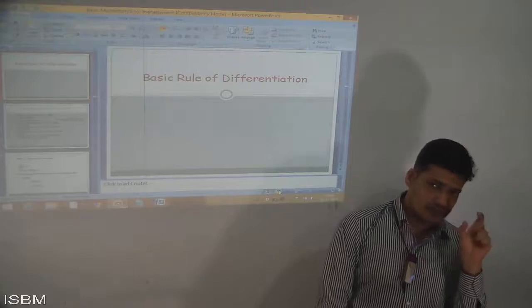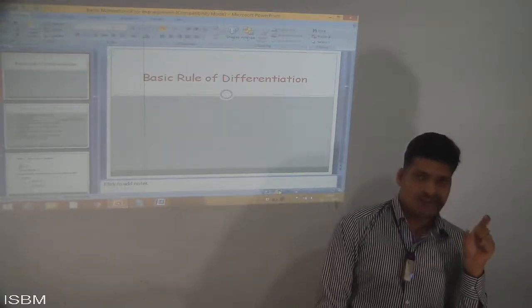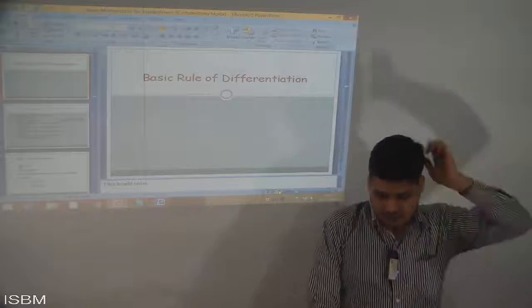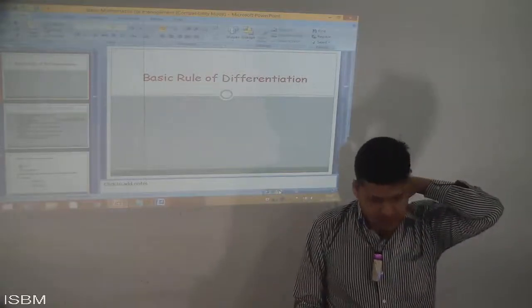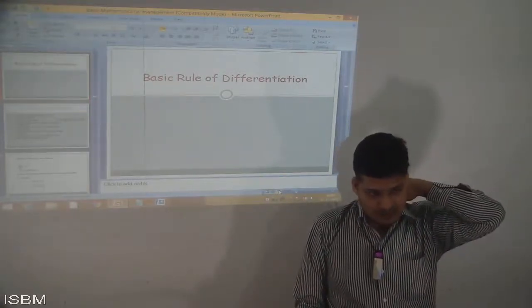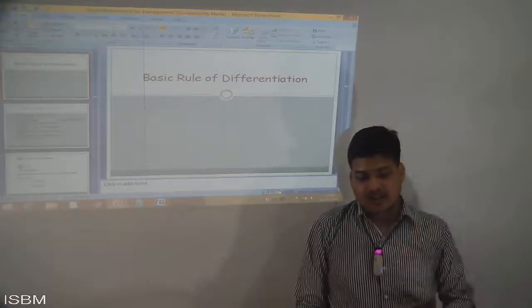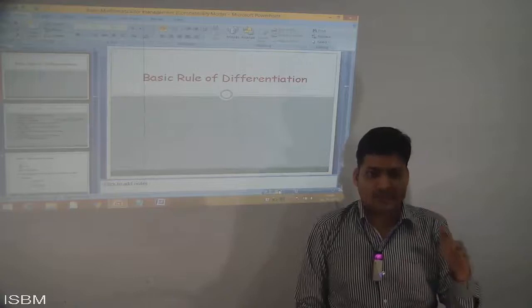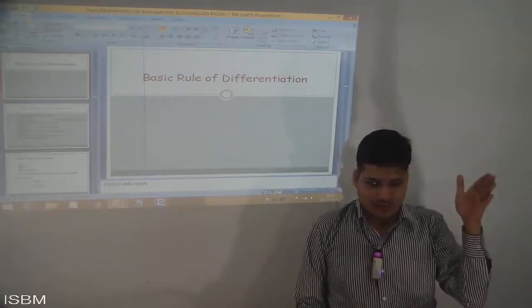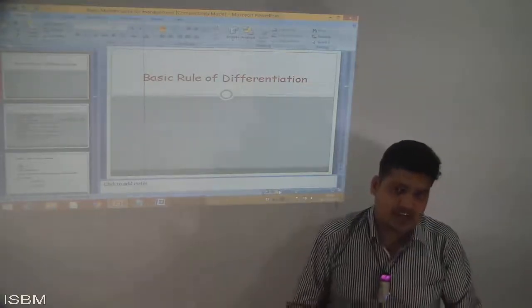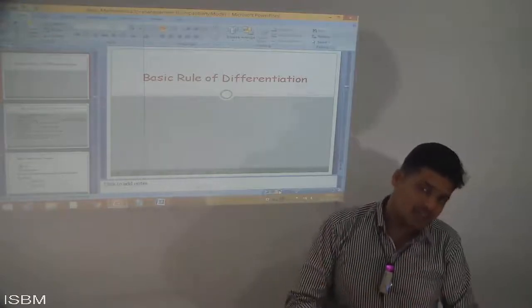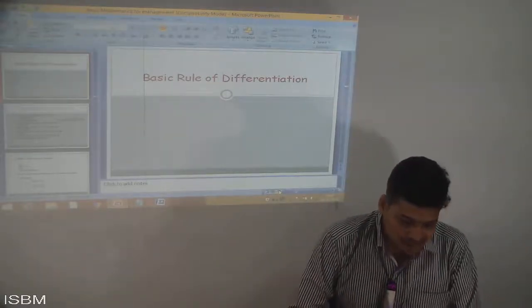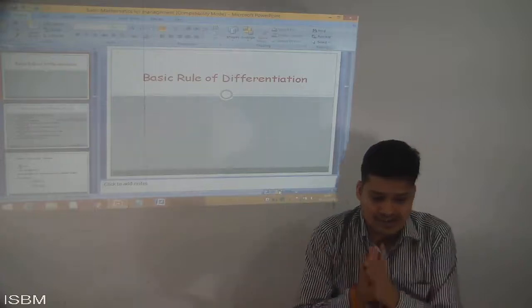We are going to solve some functions with some formulas. On the basis of formulas, we solve quadratic equations, then trigonometric ones, and equations with x to the power 3 or 4, like that, with the help of differentiation, and the same thing we can solve with the help of integration also. Let's start with differentiation and integration, so at least you can understand.